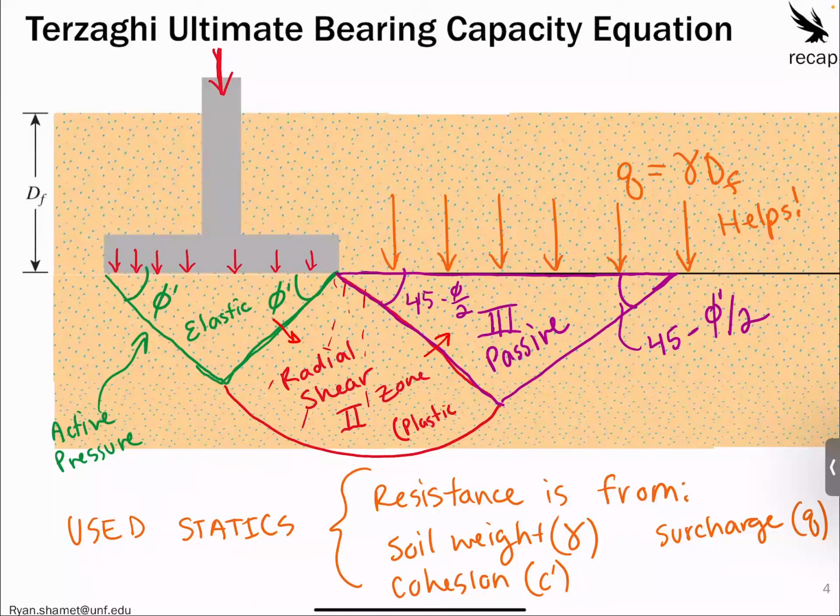So this helps illustrate how the depth will help resist this passive wedge moving vertically. That's why when you see failure, you usually see heave or some type of mounding of the soil next to it, to the left or to the right.